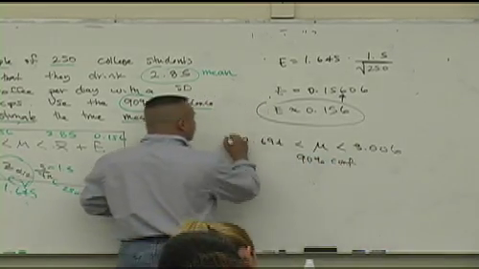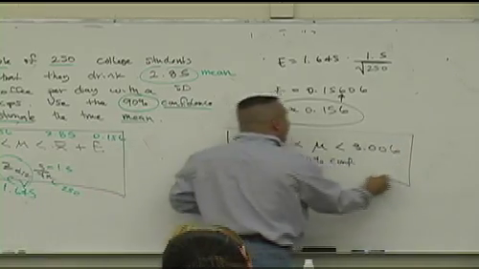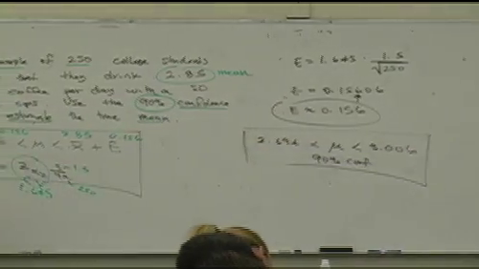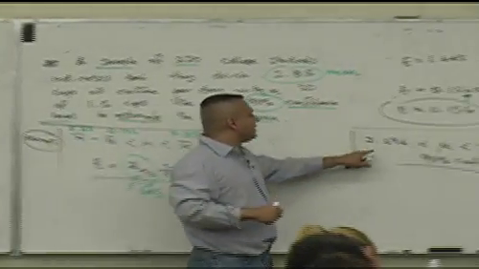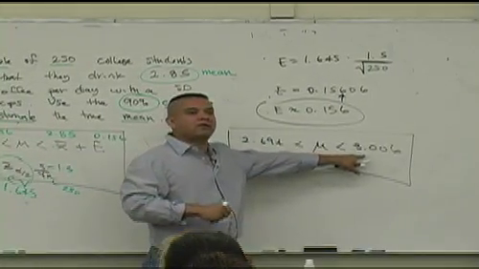So the true mean number of cups of coffee is between 2.694 and 3.006 cups.